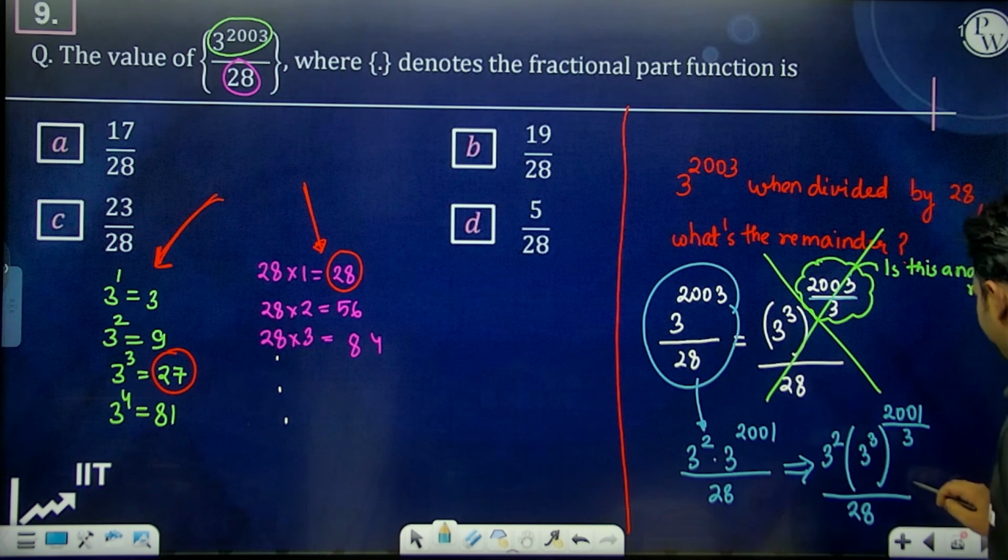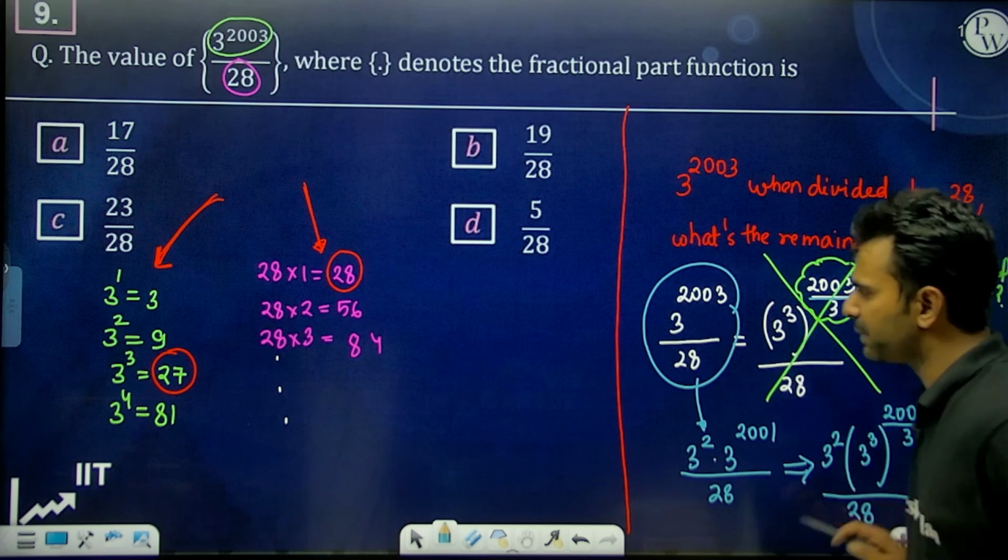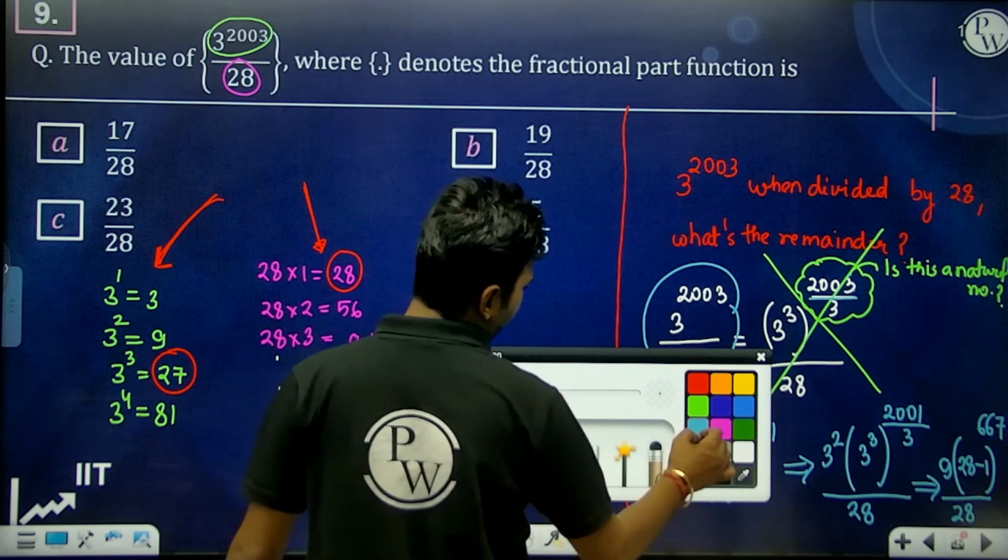This particular thing can further be rewritten as: this is 27, so 27 can be written as 28 minus 1, raised to the power how much will come? 2001 divided by 3 is 667, so (28 - 1)^667, and 3 squared is 9, so times 9, divided by 28. Now in this you are going to apply the binomial expansion.